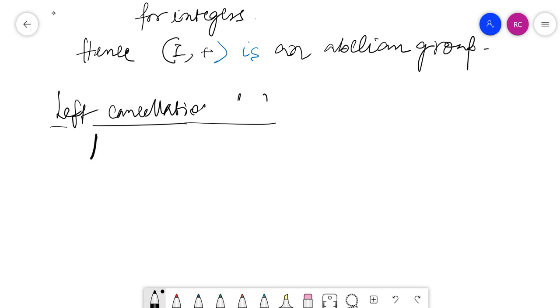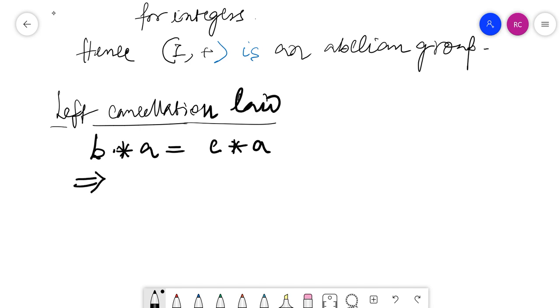Say B operation A is equal to C operation A. Then B is equal to C. This is the right cancellation law.